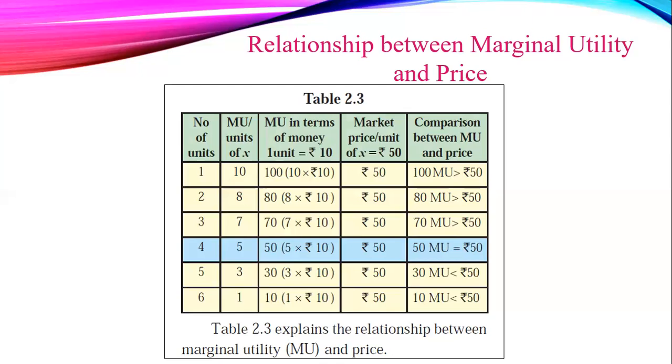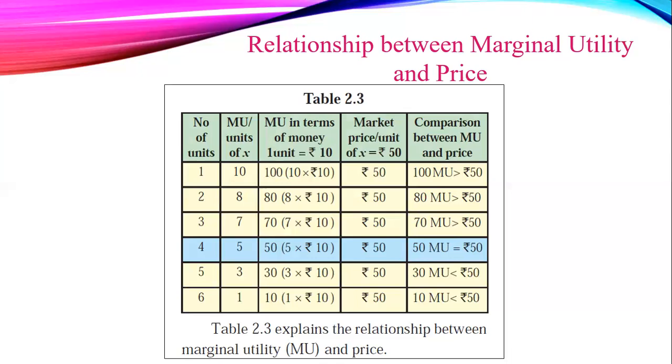So the consumer can also think of buying the fourth unit. In the case of the fifth and sixth units, marginal utility is less than the market price paid. And the last point, a rational consumer will not buy further once the equality between marginal utility and price is established.